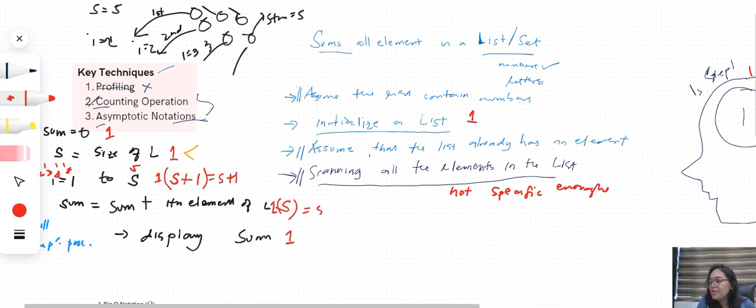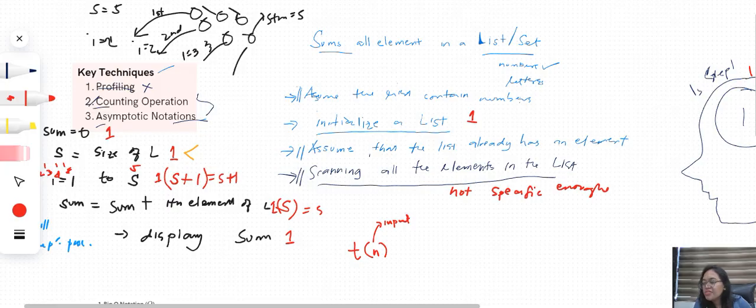So we will name that as T of n. So what is T of n? That is your runtime in terms of your n elements or your n input. So in this case, this is the number of elements on your list, right?